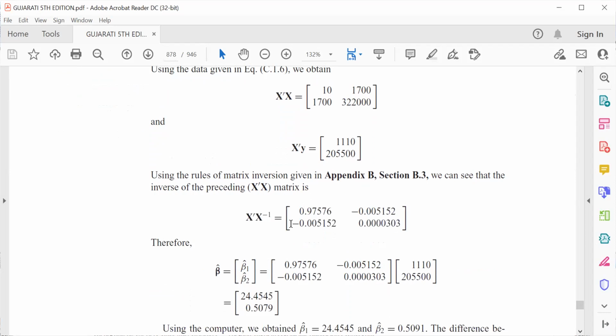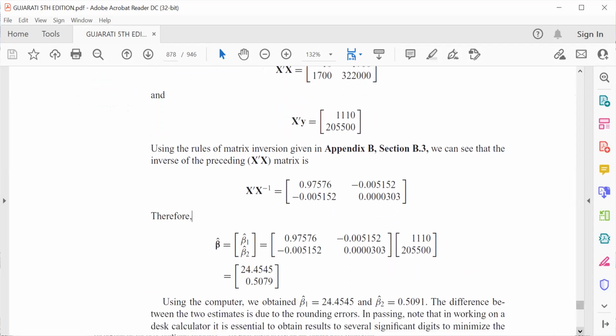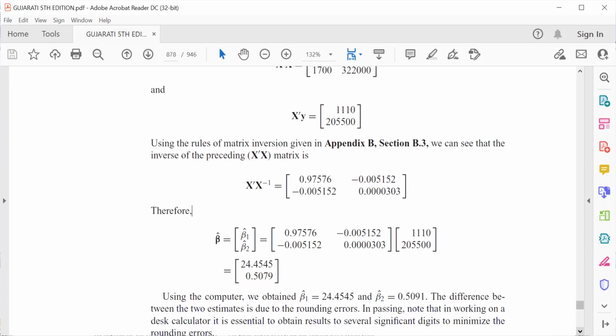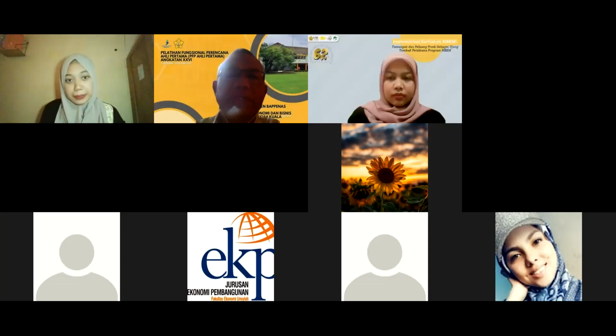We multiply X prime X inverse with X prime Y, and we get beta 1 as 24 point something, and beta 2 as 0.5079. If you have 3 by 3, you get beta 1, beta 2, and beta 3. If you have 4 by 4, you have beta 1, beta 2, beta 3, and beta 4. Any questions?